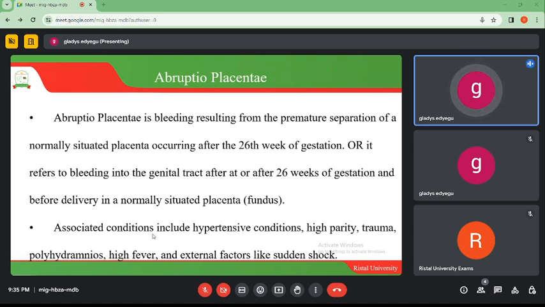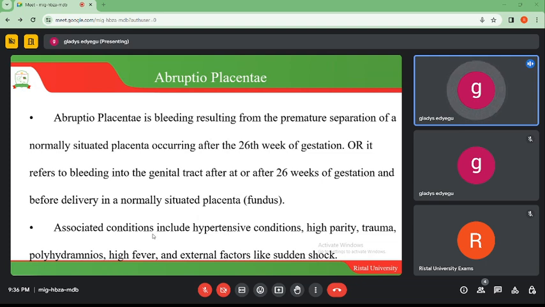Usually before this new obstetric guideline, we used to take 28 weeks of gestation in Uganda, but now, due to the improved services in the neonatal care units in our country, the new guideline is talking about 26 weeks, and I believe it's everywhere in the world now. But in the Western countries, they are considering 24 weeks. They say those babies can survive because they have more technology services than we have.